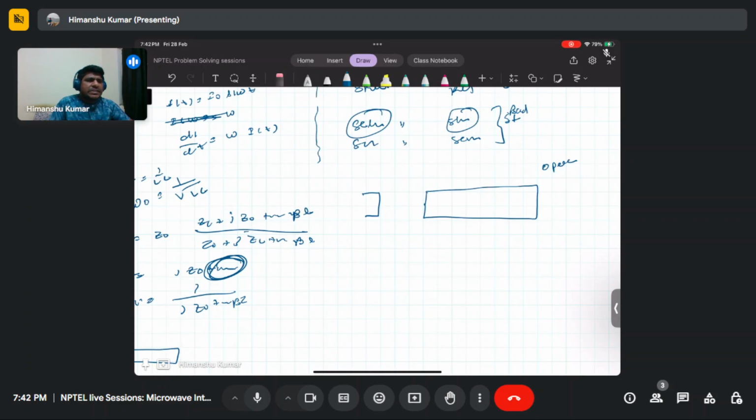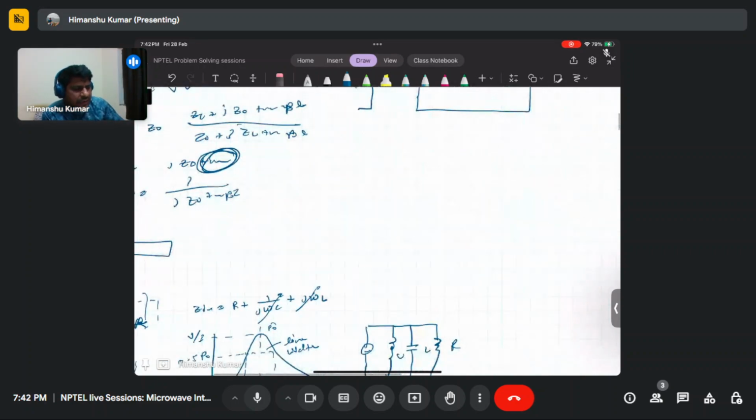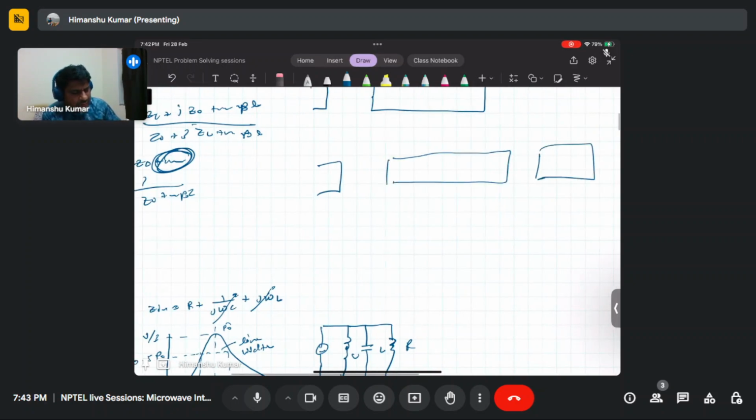Let's say you want to design like this also, with the series combination like this. This is Z naught, the input line, and Z naught is the output line, and this line is lambda by 2.